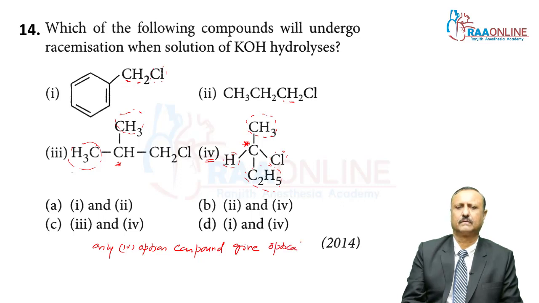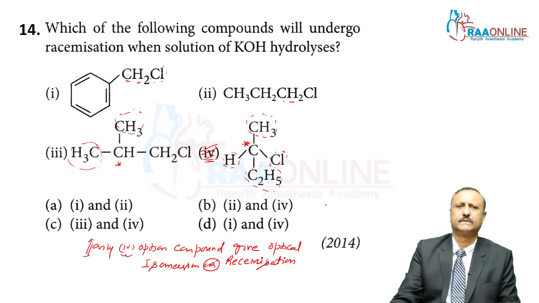Optical isomerism is also called racemization. So my dear students, you can give only the fourth option. It is the correct answer, and so these options are given. Only the fourth is not given. So you can write fourth here.